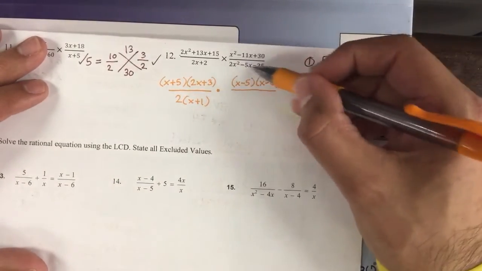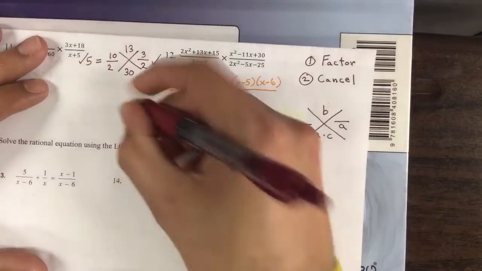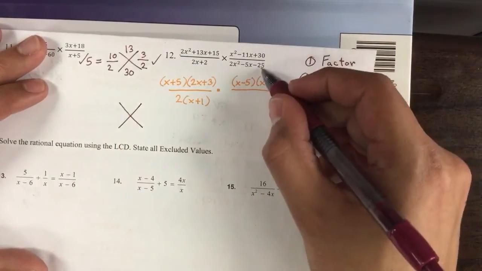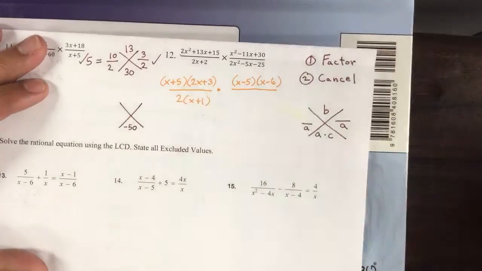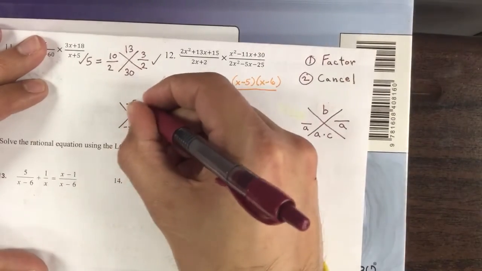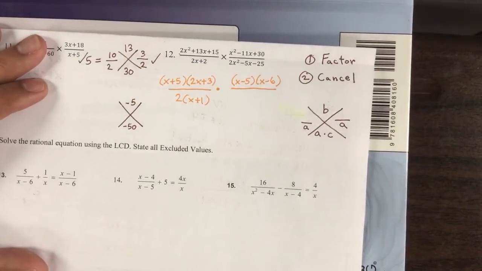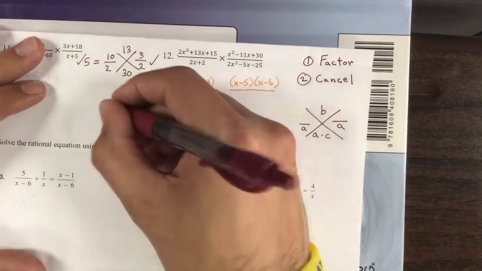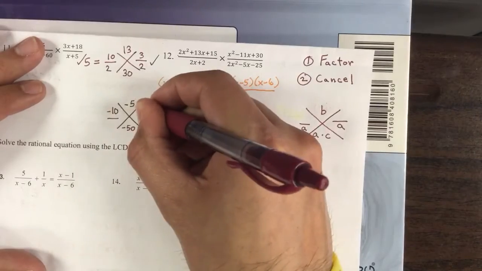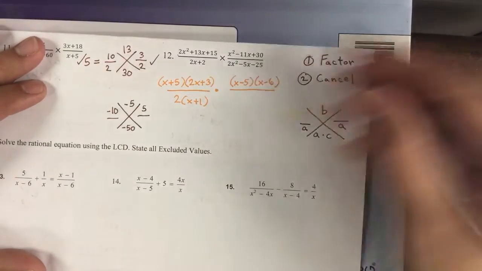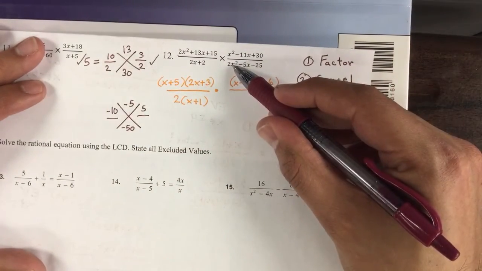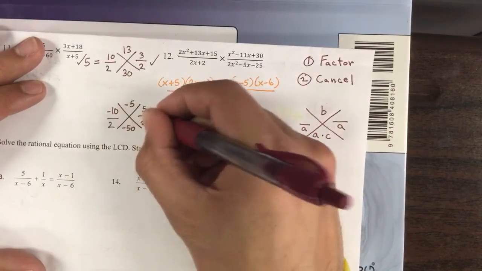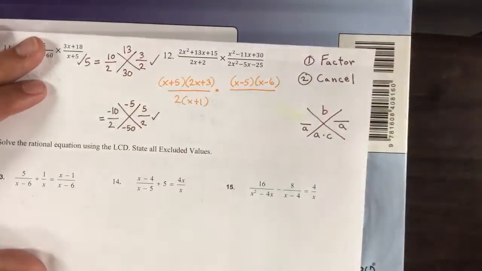All right, let's do the last one here. So this one comes out to be -50. We need it to add to -5. What are factors of -50 to add to -5? That's going to be -10 and +5. And we divide by 2 again because that's the a term again. This one's good to go. Can't simplify. This one simplifies to -5.